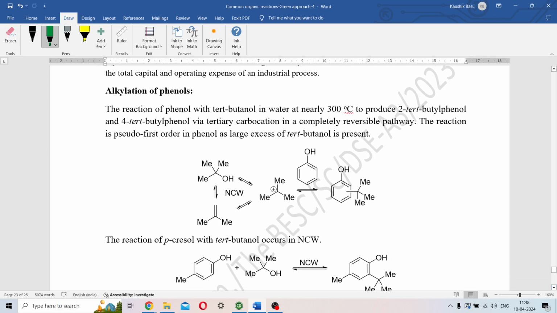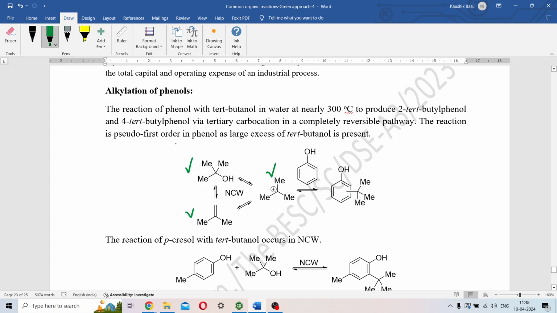So one of the reactions in Friedel-Crafts is alkylation of phenol, where you are doing the reaction with either isobutylene or tertiary butanol, which generates the tertiary butyl cation. Now, phenol is an ambident nucleophile. It can react with oxygen, it can react with carbon under certain circumstances.